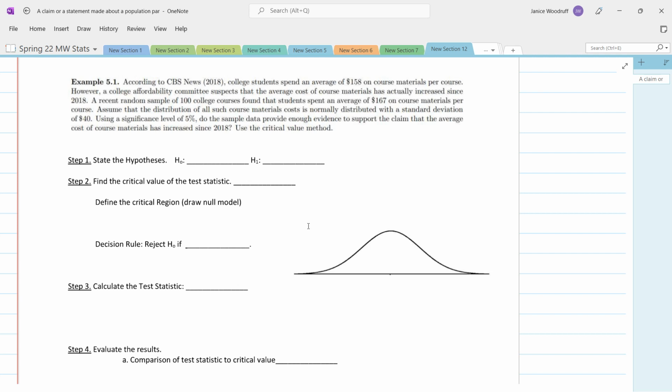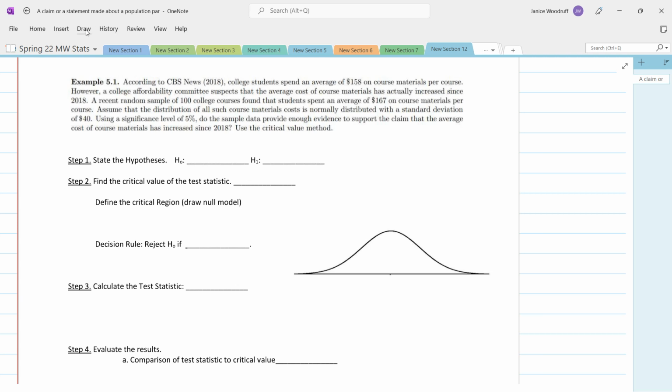A random sample of 100 college graduates found that students spend an average of $167 on course materials per course. Assume the distribution of all such course materials costs is normally distributed with a standard deviation of $40. Using a significance level of 5%, do the sample data provide enough evidence to support the claim that the average cost of course materials has increased since 2018?